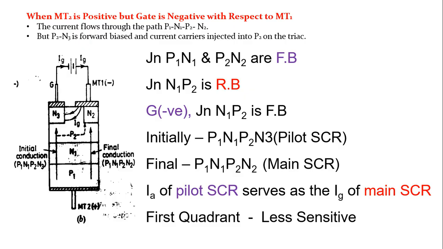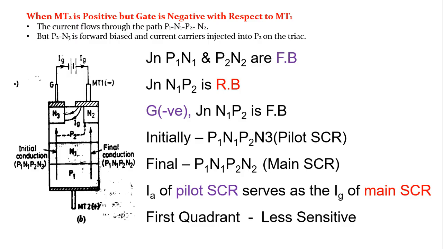The second mode of operation is MT2 positive with a gate negative with respect to MT1. Here also P1 N1 and P2 N2 are forward biased, and the in between junction N1 P2 is reverse biased.